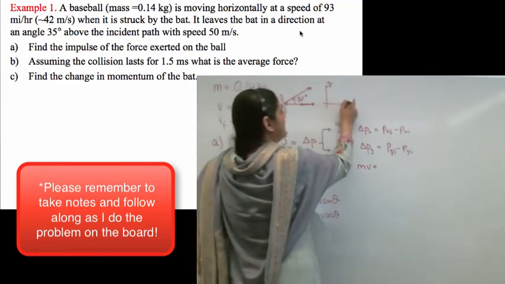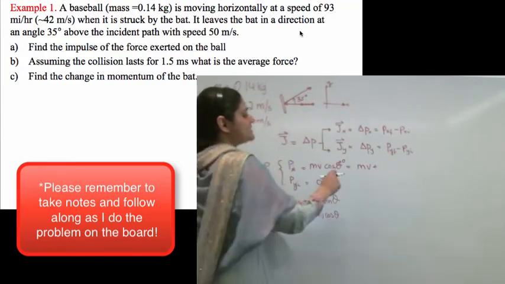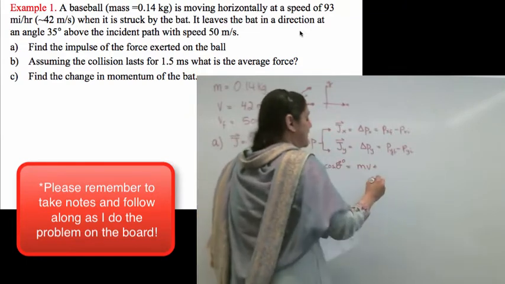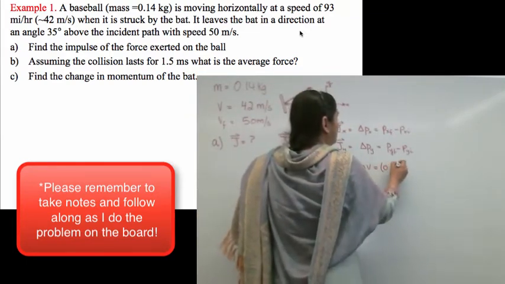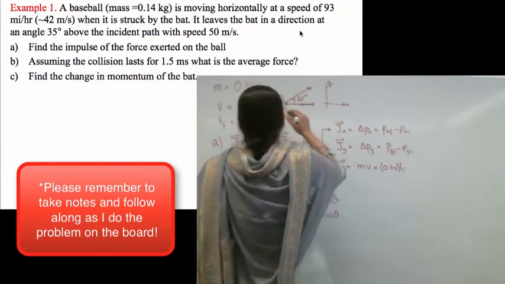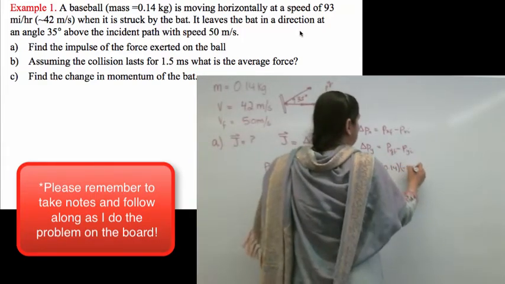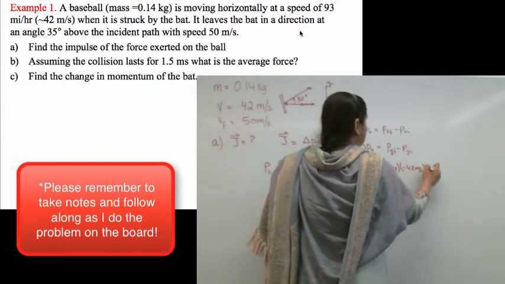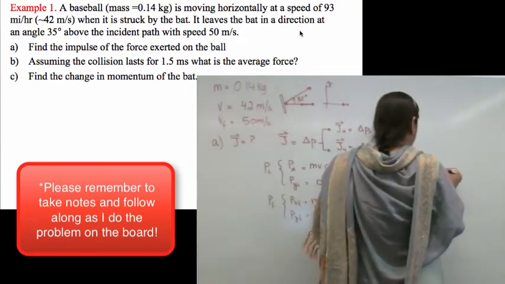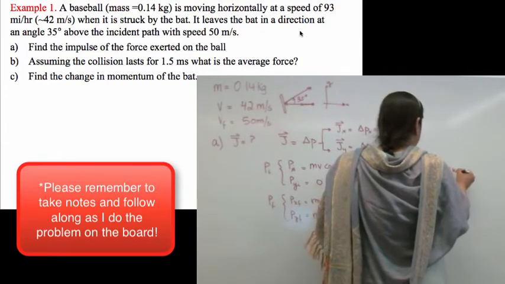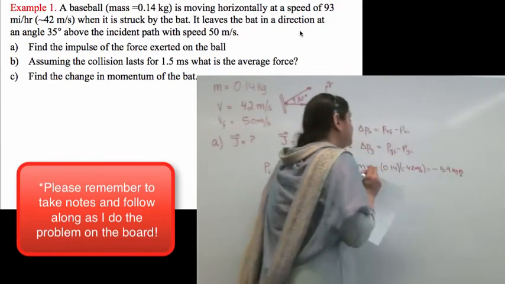I have defined my coordinates positive that way, so this means this velocity will have an actual negative number. So this is going to be 0.14 times minus whatever this value was, 42 meters per second, to give me the answer equal to minus 5.9 kilograms meters per second.